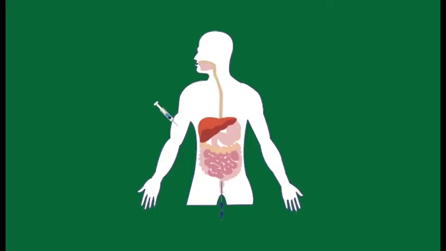Once the drug is absorbed, it is then distributed in the different organs, which are called the target organs. And if the drug is highly distributed, we speak about a high volume of distribution. If the drug is not, it shows a low volume of distribution.